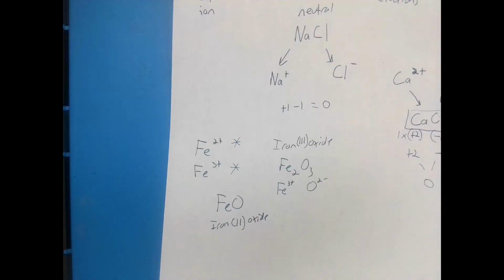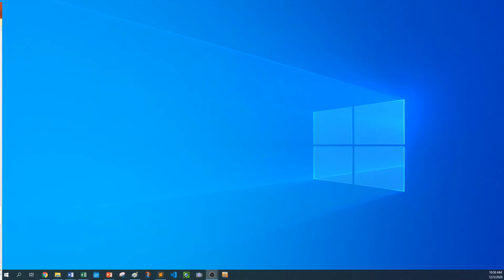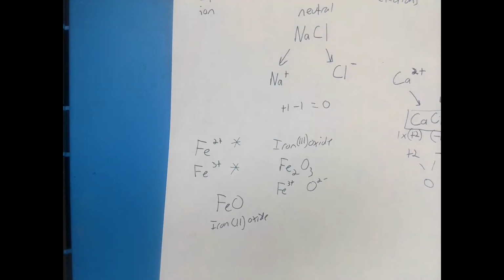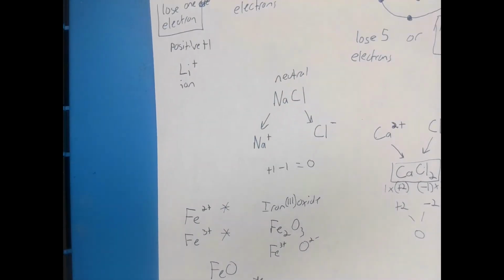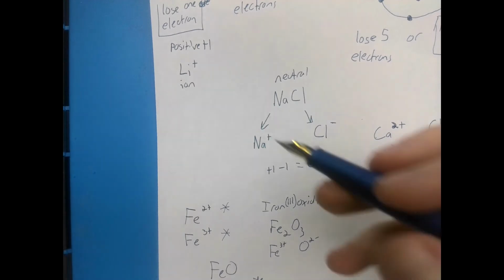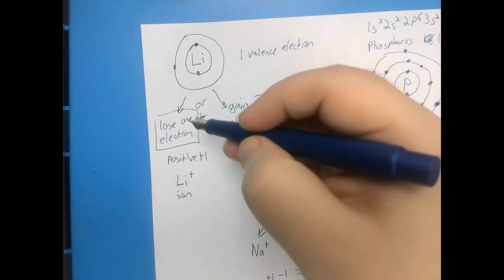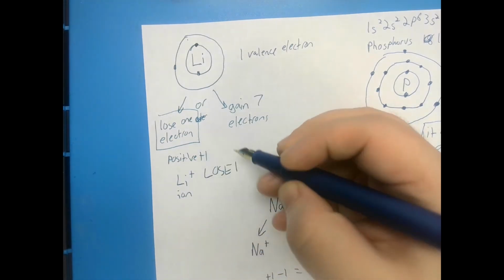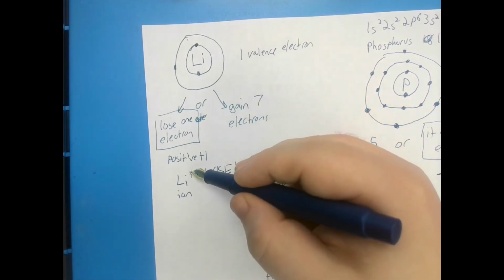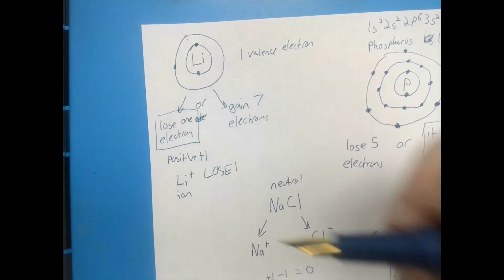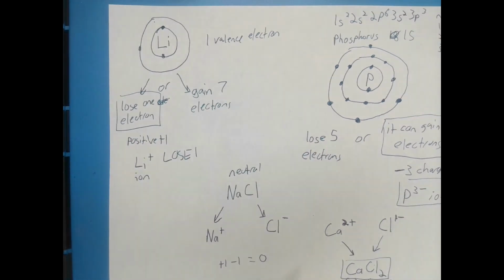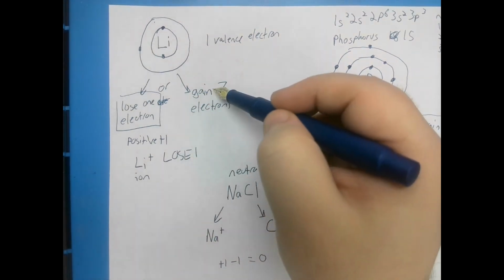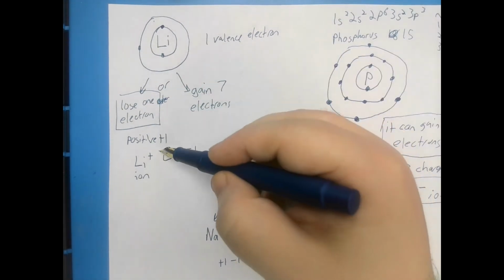The valence electrons and charges, and yes, you have to memorize everything. So, for example, look, this one right here, lithium, it loses 1 electron to get the Li plus, because it loses 1 electron rather than gaining 7.